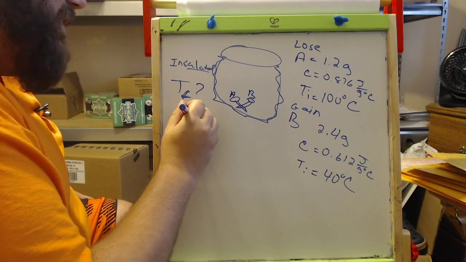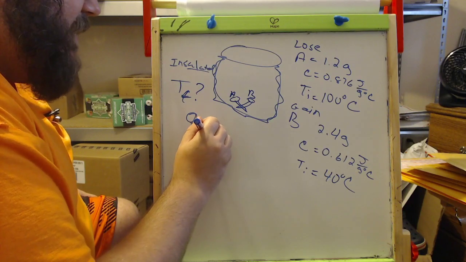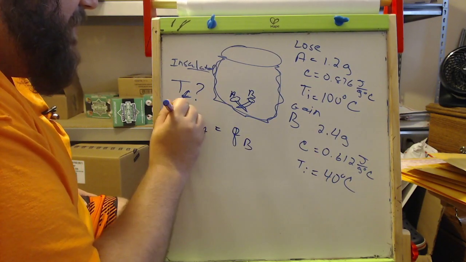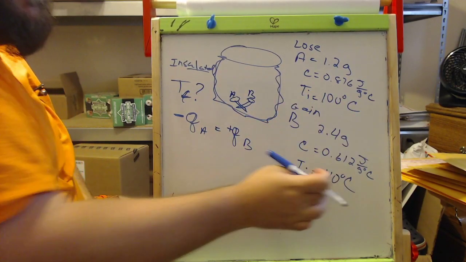So if I want to set that equal to each other, the Q of A equals the Q of B, but A is going to be negative and B is going to be positive because the heat's going to go from 100 to 40.